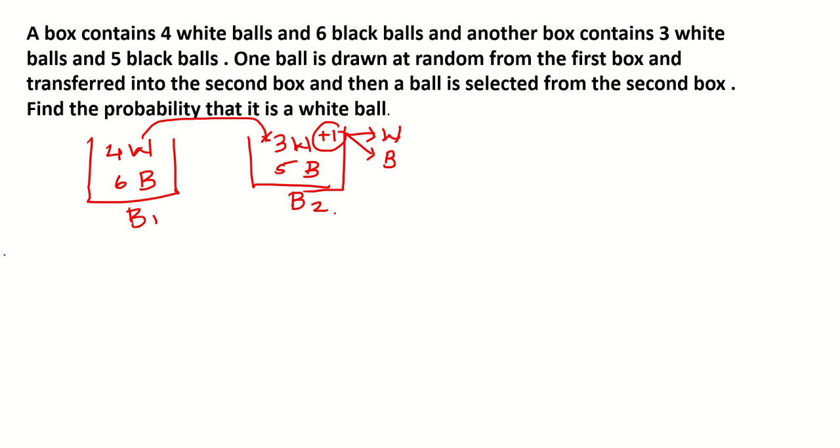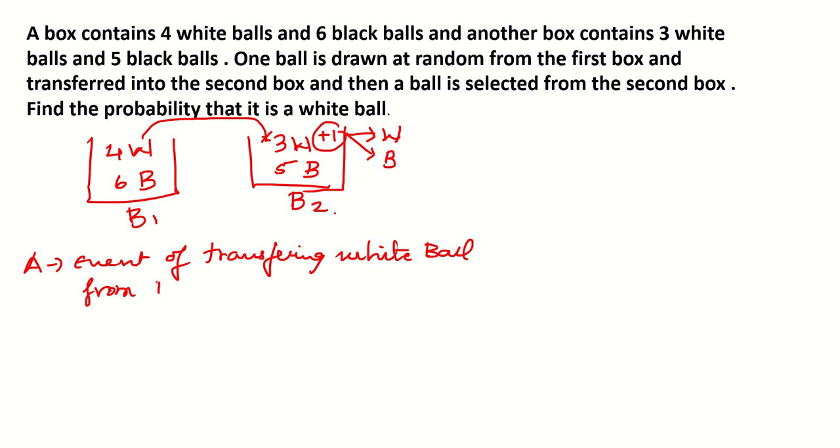So let us start. Let A be the event of transferring a white ball from box 1. Then A dash will be the event of not transferring a white ball.